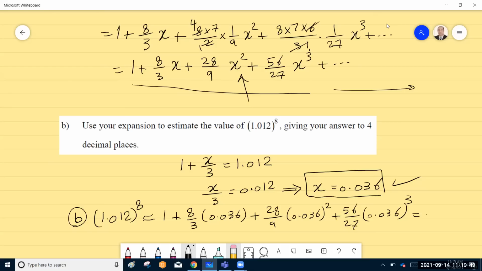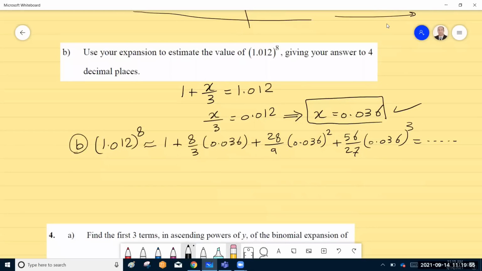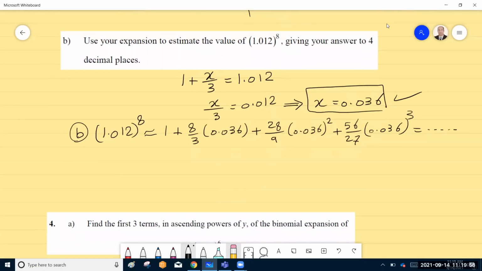Just write these values and write the answer in the comments so I can check your answer. Thank you so much. Write your answer to the nearest 4 decimal places.